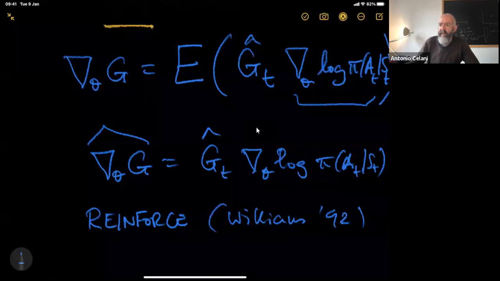And so how does this algorithm work? It's worth writing down the pseudocode for this.